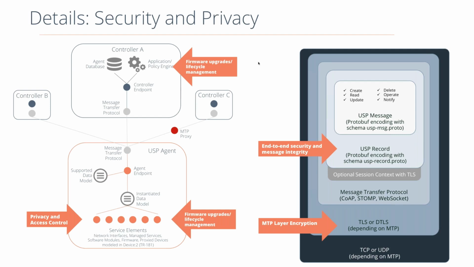Do they get pushed immediately, or do they get more scheduled into a maintenance window? But you also have the USP agent side or the device side of firmware upgrades, which is the one actually responsible for applying that firmware upgrade when it happens.